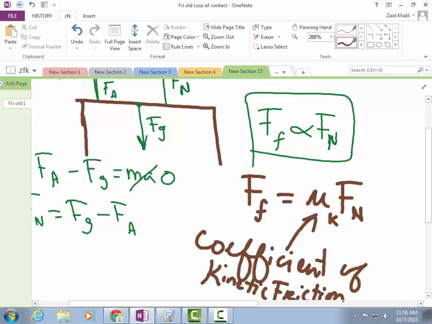In other words, what you're seeing here is a very simplified view of friction. And the reason is because this is not deforming. This mass, this surface is not deforming. When a surface deforms, like a tire would, what does it mean to deform?